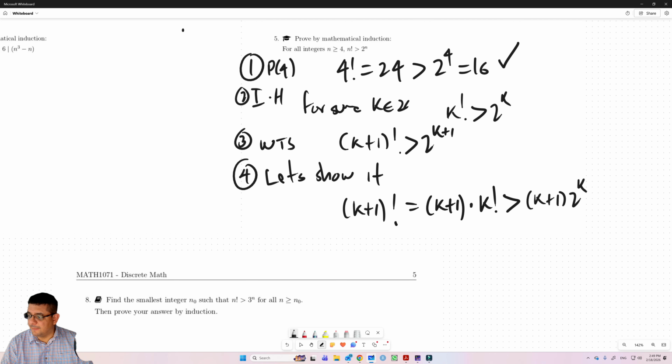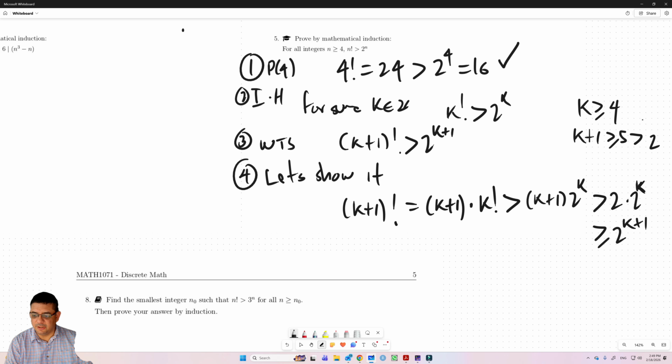And so here, since k is bigger than 4, in particular k plus 1 is going to be bigger than 5, which is going to be bigger than 2. And so I can see this as bigger than 2 times 2 to the k. And so that's just 2 to the k plus 1.